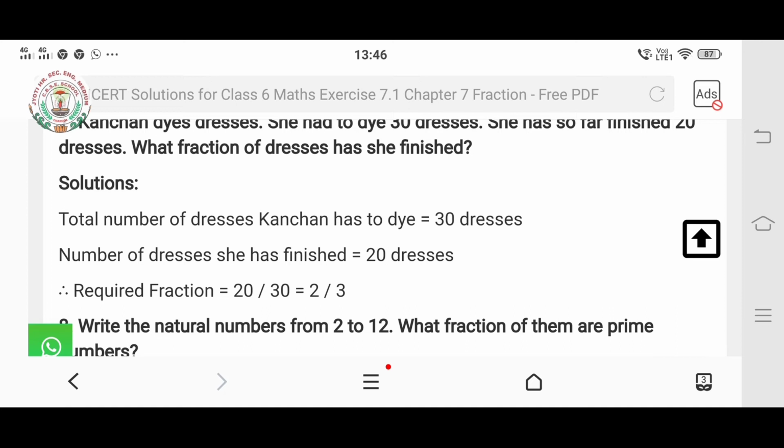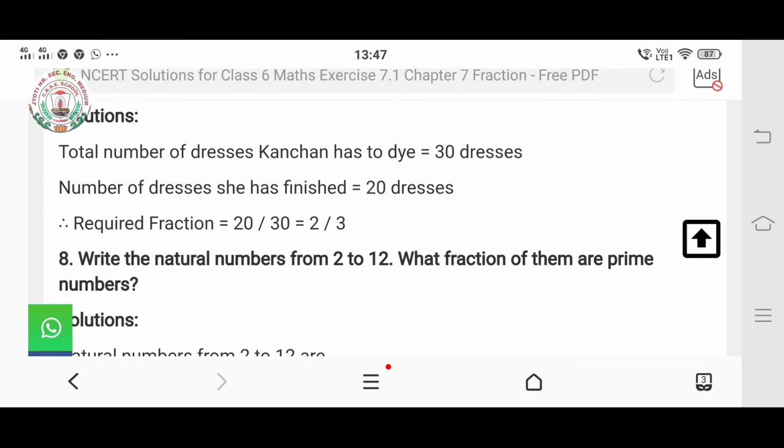Number of dresses she had finished is 20. So the required fraction will be 20 out of 30. Both the numerator and denominator divided by 10, so it will be remaining 2/3.